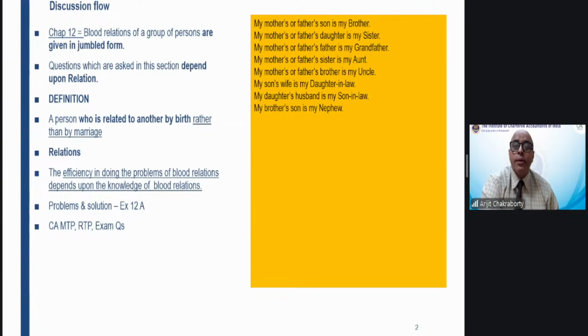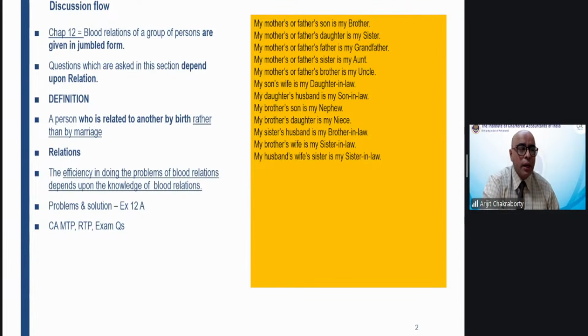Brother's son will be nephew and brother's daughter will be niece. Then sister's husband is brother-in-law. And on the other side, brother's wife will be termed as sister-in-law. So these are very common terms which we use.